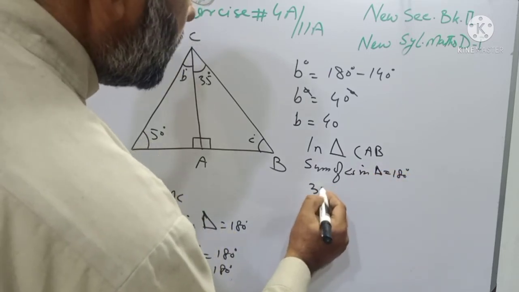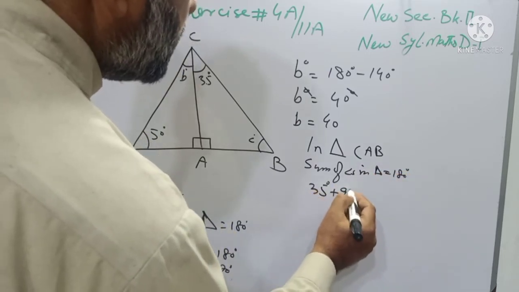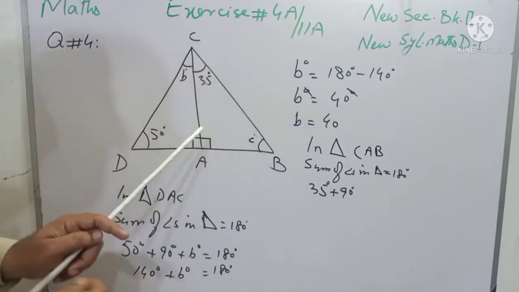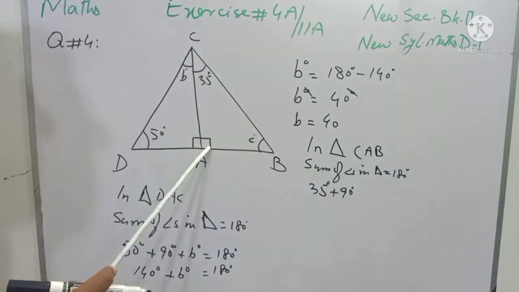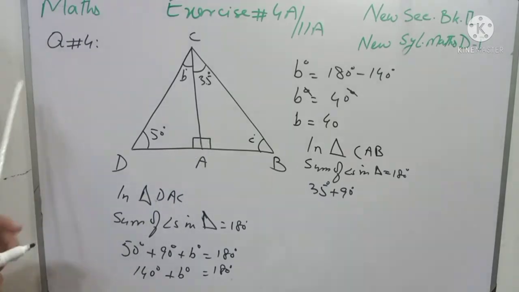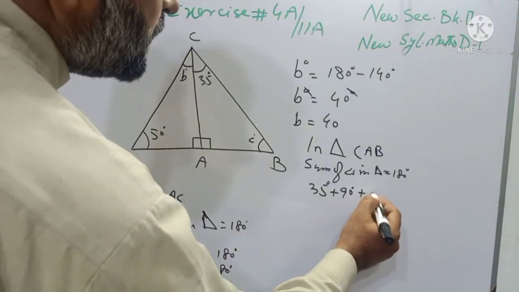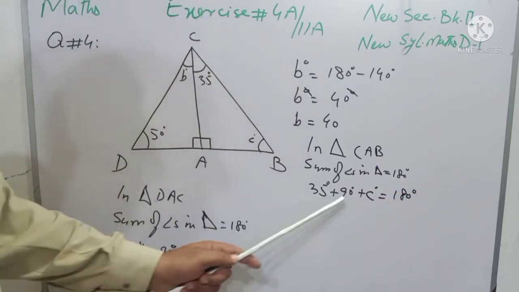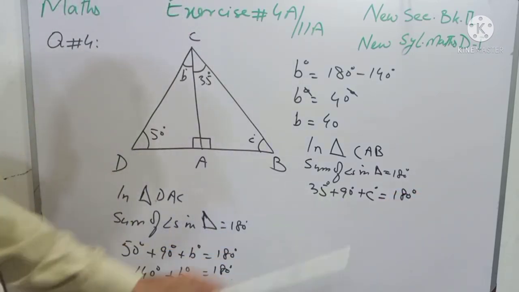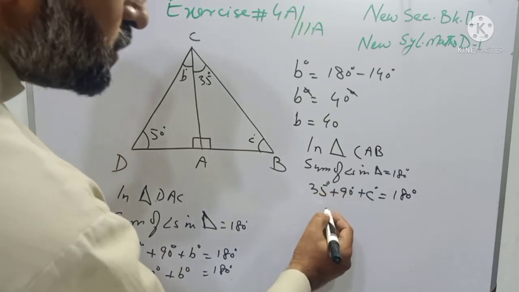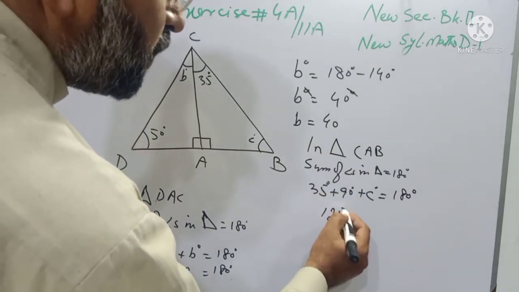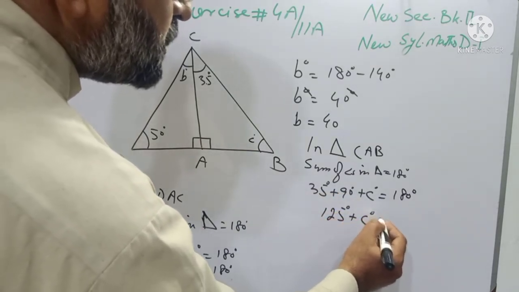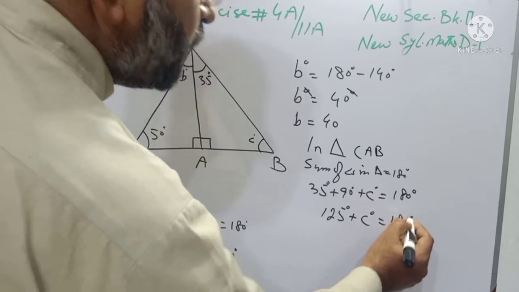So 35 degree plus 90 degree, this angle is a right angle because this square sign is indicating that it is a right angle, plus C degree, we have to find C, that is equal to 180 degree. Now we will sum up 35 and 90, and when we sum up these two angles, we will have 125 degree plus C degree is equal to 180 degree.